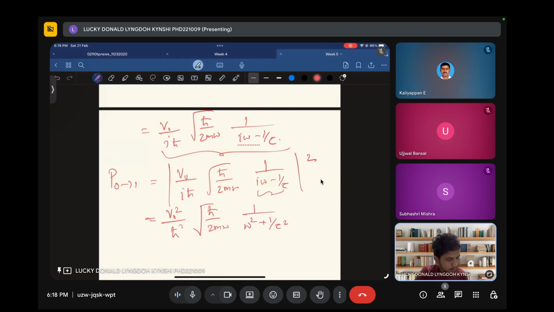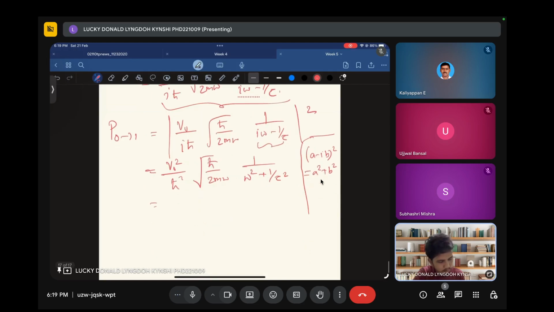Okay, this is simply a minus ib whole square. I can just write a minus ib whole square, which is simply a square plus b square. Then you will get v naught square by, sorry, this also will be a square term here, so it will be simply 2m omega h cross times 1 divided by omega square plus 1 by tau square.